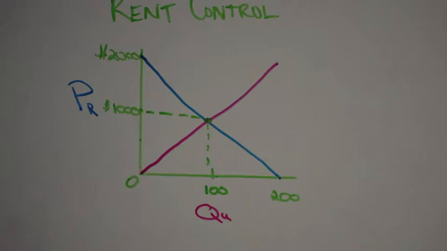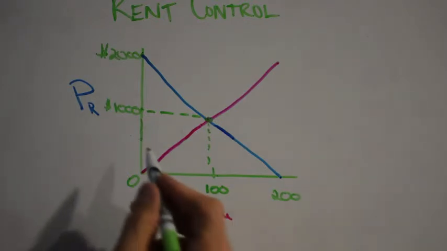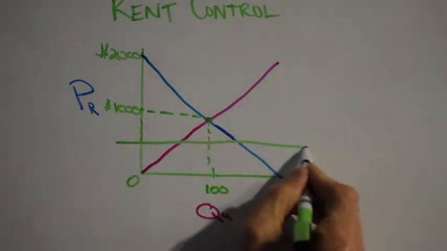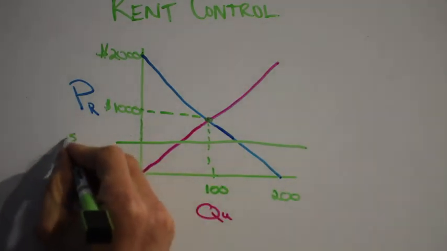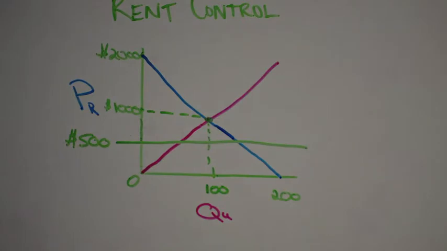Now the government for some reason decides that that is too much and they want to put in a rent control, and what a rent control really is on the marketplace is a price ceiling. So in this example, let's say the government puts in this price ceiling at this point right here, and we'll say that that rent control is $500.